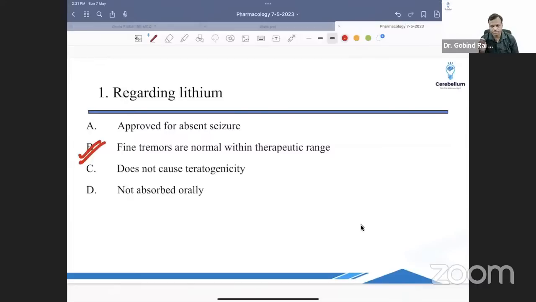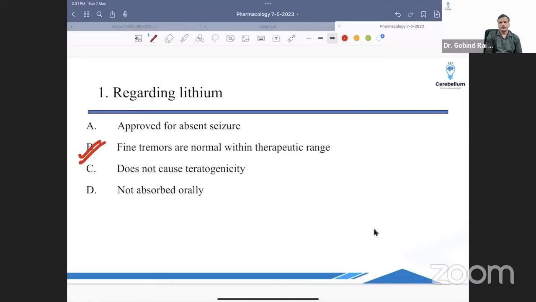Am I audible? Please say yes or no in the chat. Yes, you are audible. Nobody is listening to me. Okay, I am going forward.